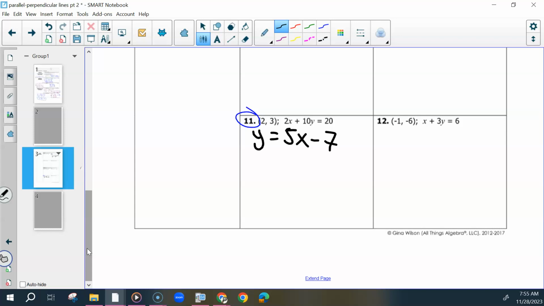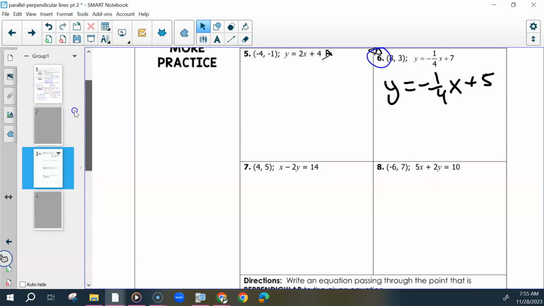Do you have any questions on how that works in Desmos? I only got half of it. Mr., what was number 6? Y equals negative 1/4 x plus 5.